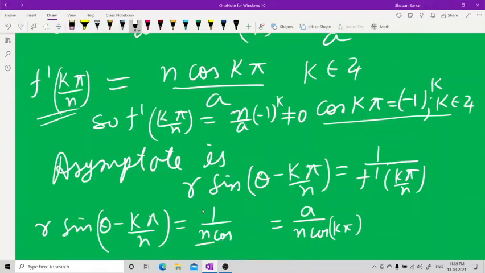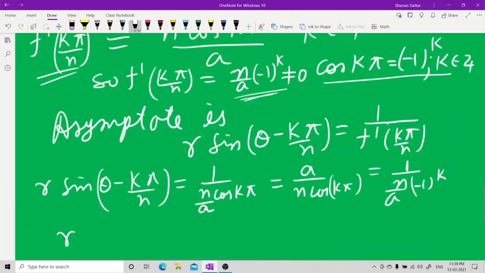This will be n by a cos k pi, right? Yes, cos k pi, that's right, I'm doing it right. So n by a is this. So if you want to write in this format, you can write this also as 1 upon n by a minus 1 to the power of k.